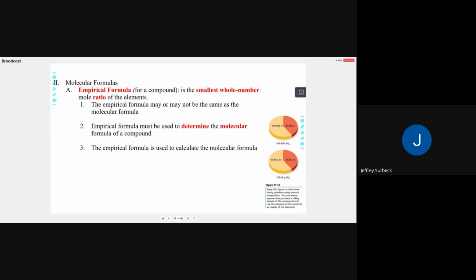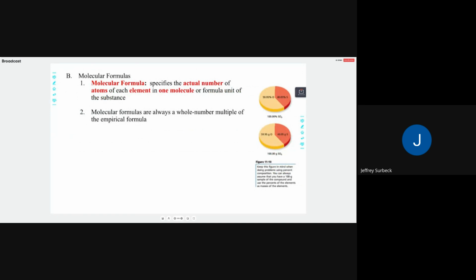Okay, molecular formula, I think of multiple, all right? So molecular formula takes the empirical formula and multiplies it by a particular quantity, a whole number, okay? So for example, if the empirical formula is C3H4, you cannot reduce C3H4.